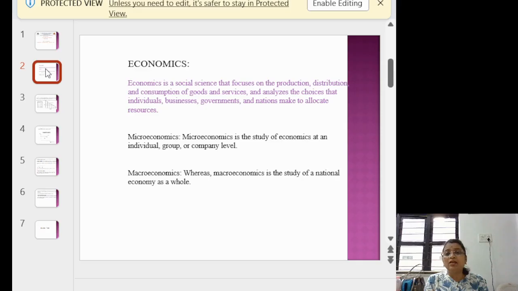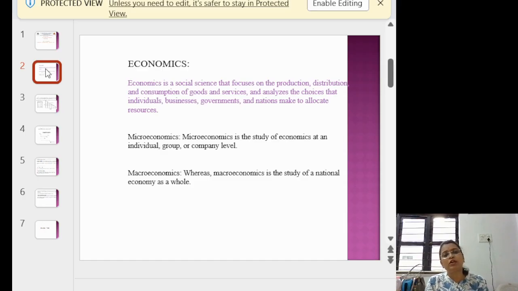Okay, then why is economics a social science? Because directly or indirectly, each and every individual contributes towards the economic growth of the nation. That's why economics is a social science that focuses on the production, distribution, and consumption of goods and services.